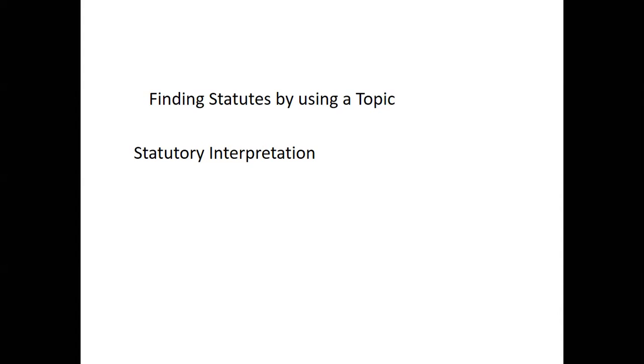Statutory law is the law passed by Congress and by the state legislature. So many times you'll find that something that's been case law in a state becomes statutory law.